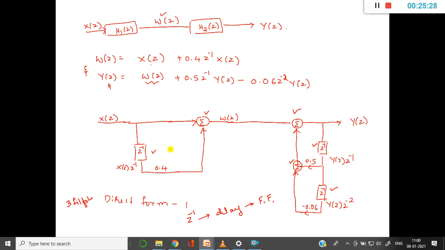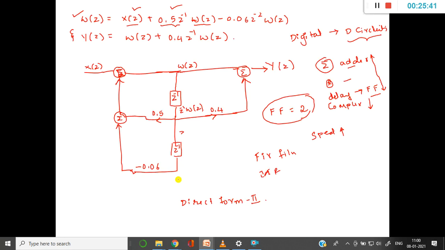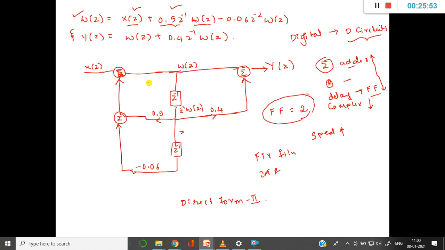Once you write direct form 1, you can easily write direct form 2 without any preparation. But in the examination, you must follow this process, because each of these digital structures, FIR structures, is given 10 marks to implement. So you must show the calculation part, like how you come up with this W(z) output and Y(z) output, so that it will help you.